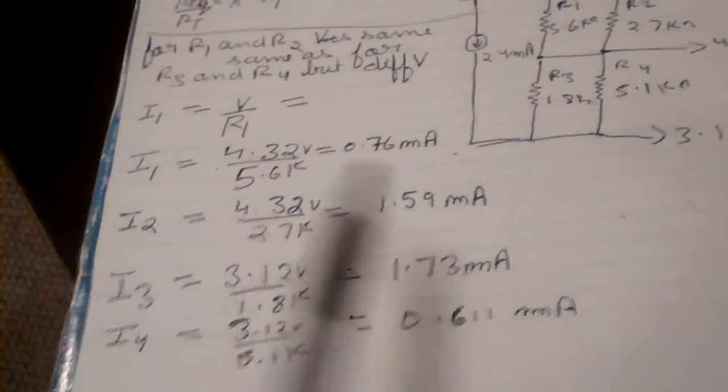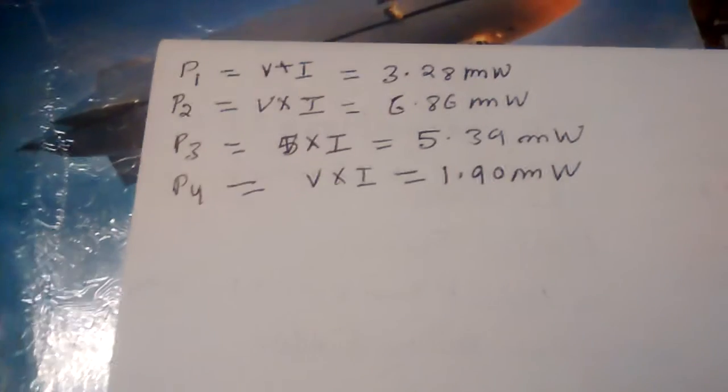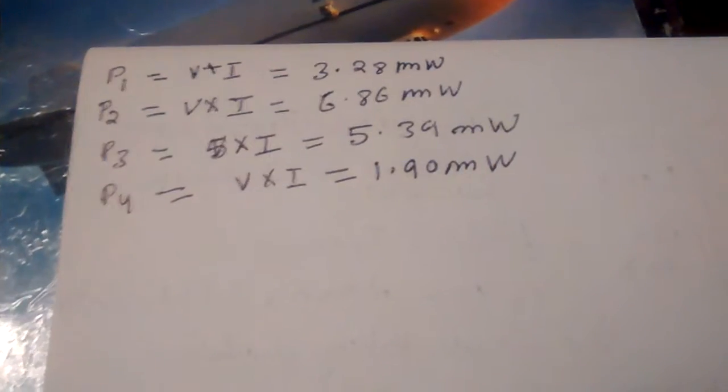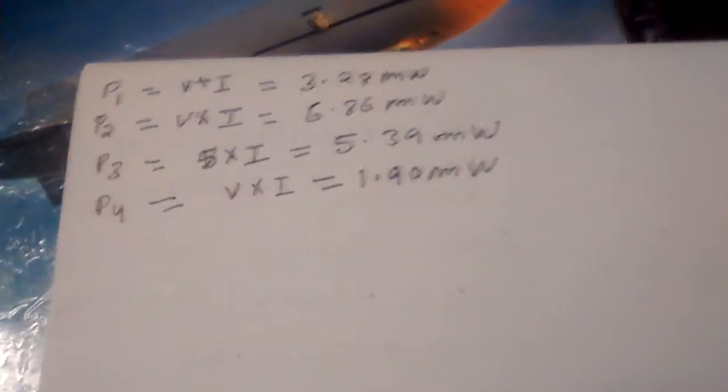Here we go, we find I1, I2, I3, I4, and we get our value for P, just V times I, and that's our P1, P2 and P3, which is the power.